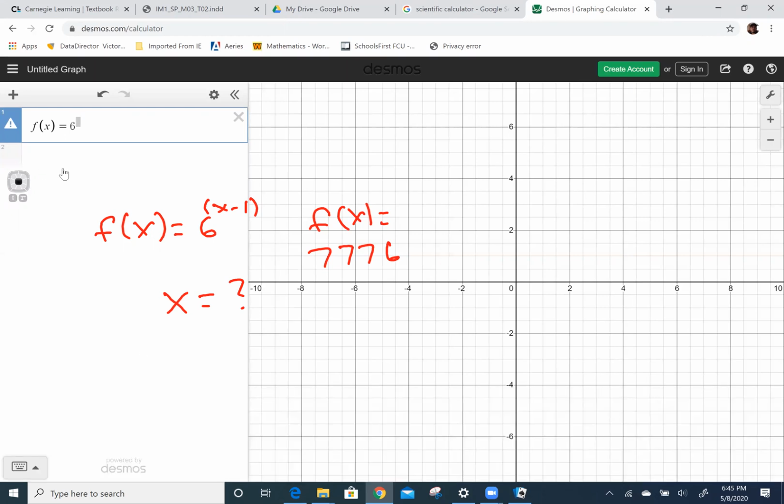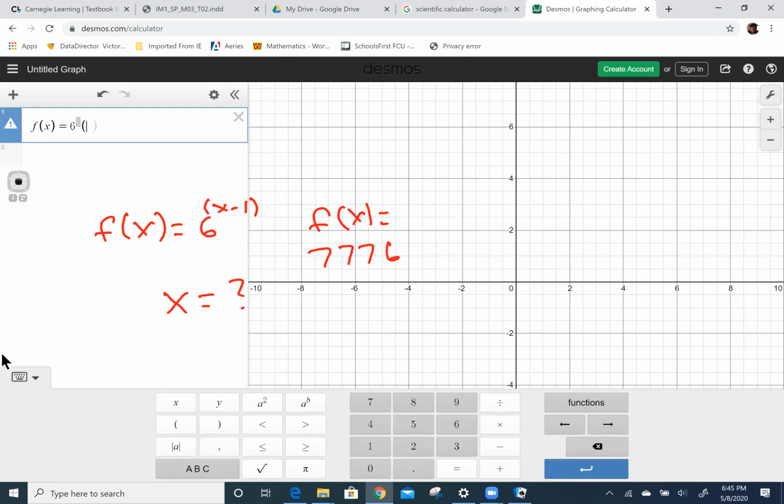And again, we want x minus 1 in parentheses. Make sure you keep the 1 on top and don't just write it down, because if not, it's just going to move the graph down, and you're going to have an asymptote of y equals -1 instead of the asymptote of y equals 0 right now.